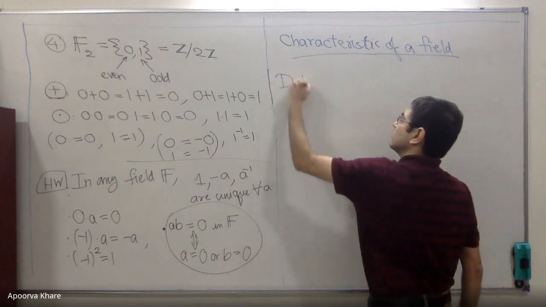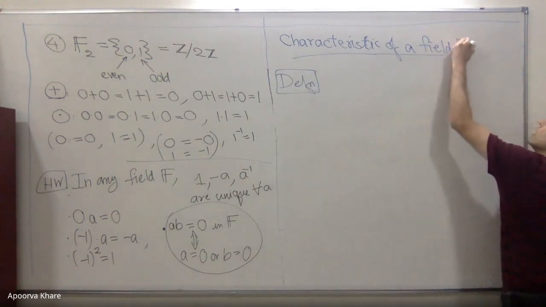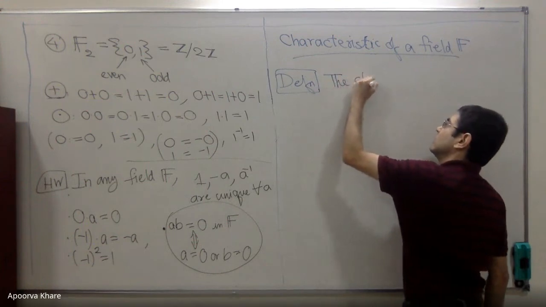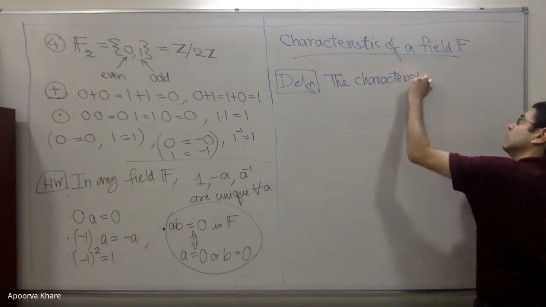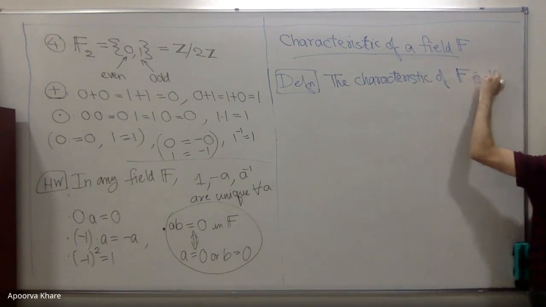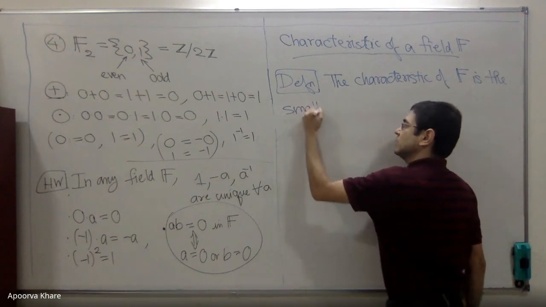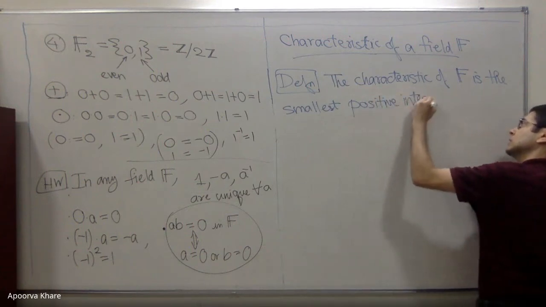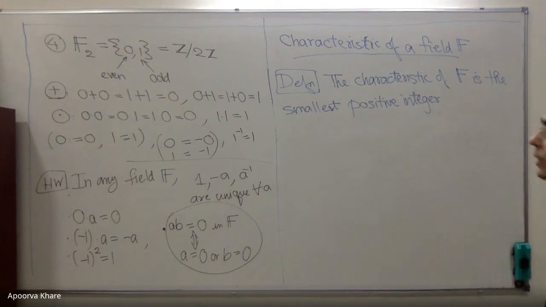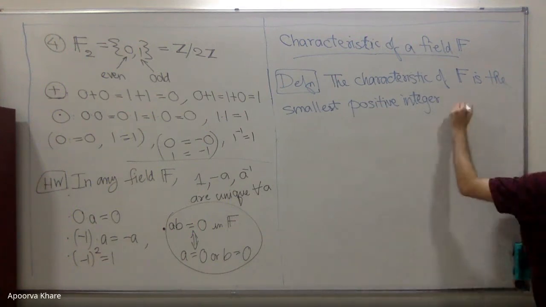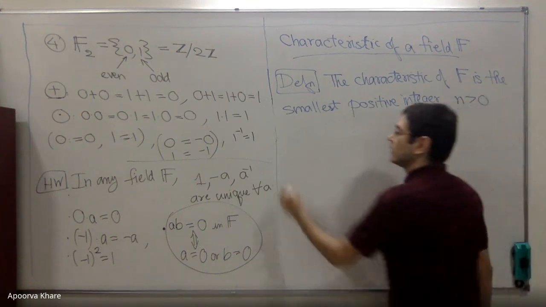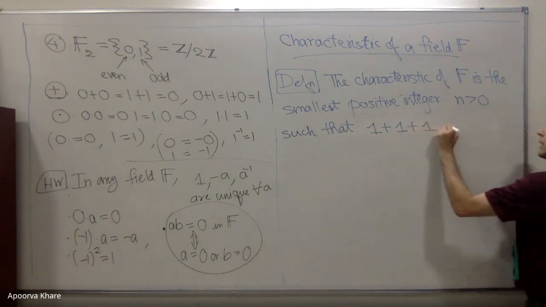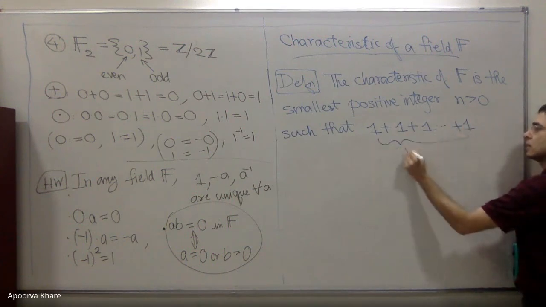Okay, so definition. Let's say the field is F, the characteristic is called char F. The characteristic of the field is the smallest positive integer n bigger than 0 such that if you take 1 plus 1 plus 1 plus 1, n times, then you get 0.